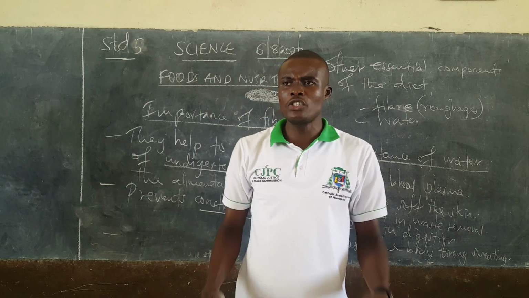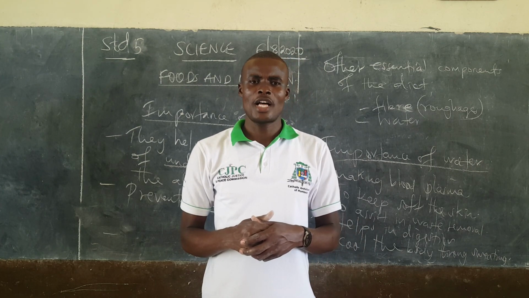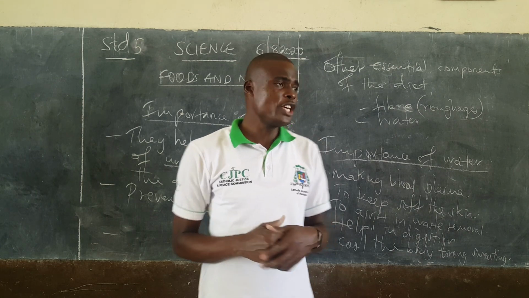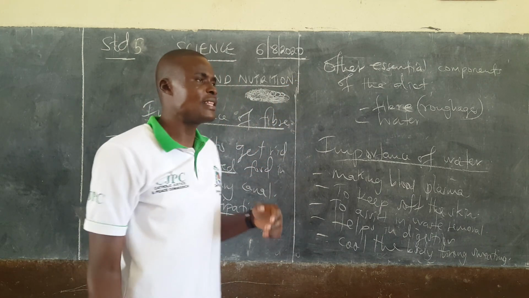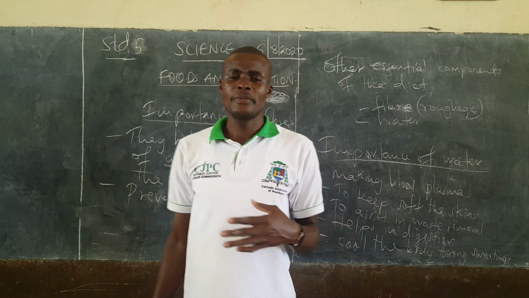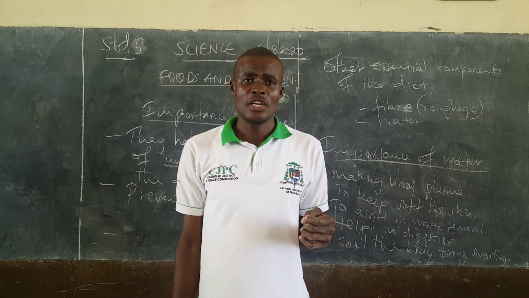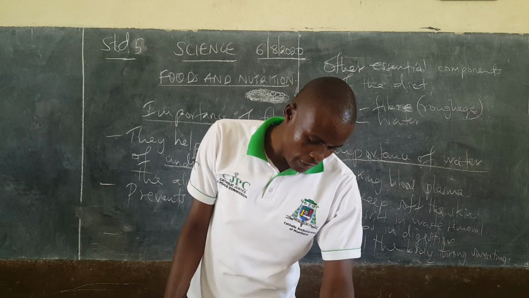A person cannot pass waste easily; somebody struggles. So when you eat the required amount of fiber, you will never experience constipation when you go to the toilet. So fiber prevents that constipation from happening in our body.